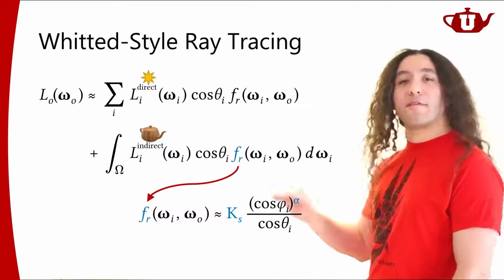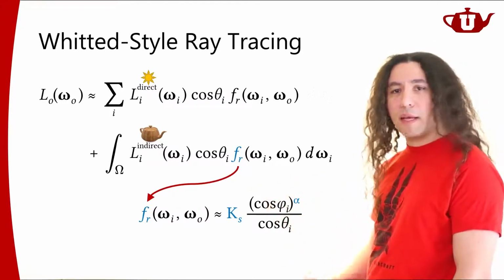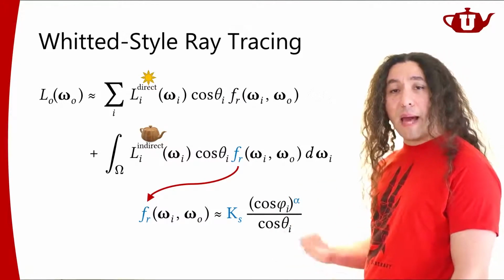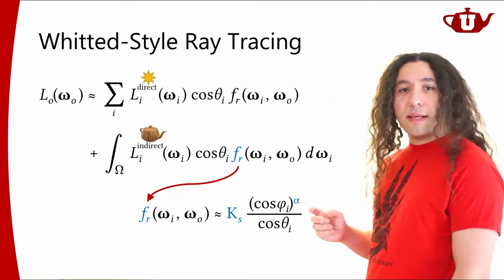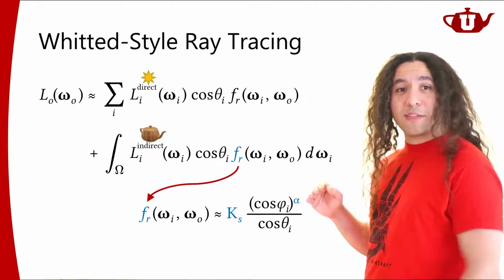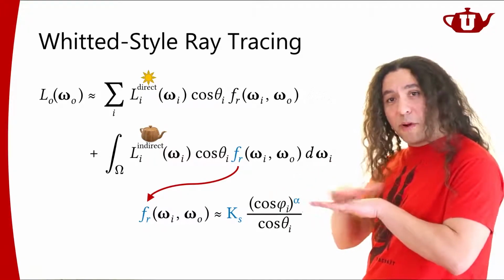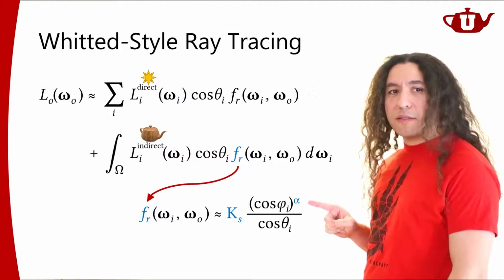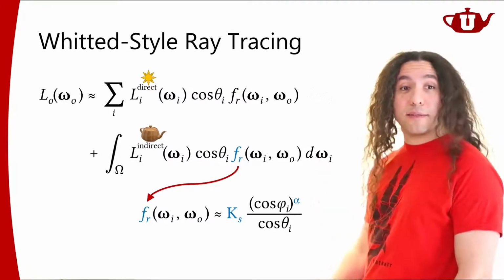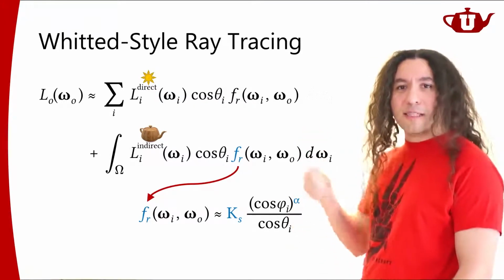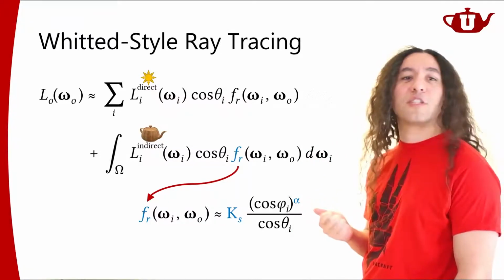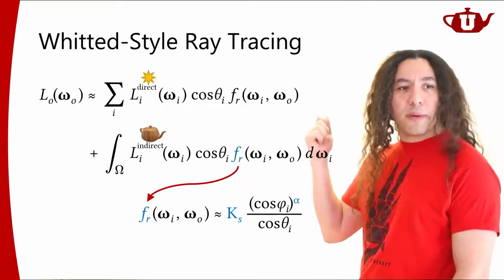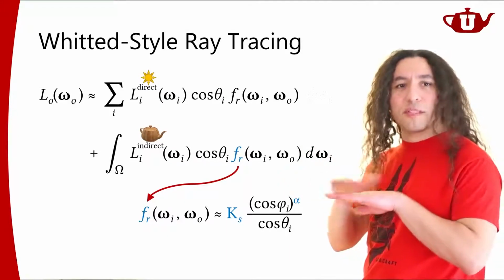Now, over here, what I'm going to do is assume I have a perfectly flat surface, a perfect surface. If I have a perfectly flat surface, that means that surface is not going to have any roughness. It's going to be perfectly smooth. And if it is the case, this alpha parameter over here needs to be infinity. Because as I increase this alpha term, remember, the shininess term, all the way to infinity, the surface becomes smoother and smoother and smoother.